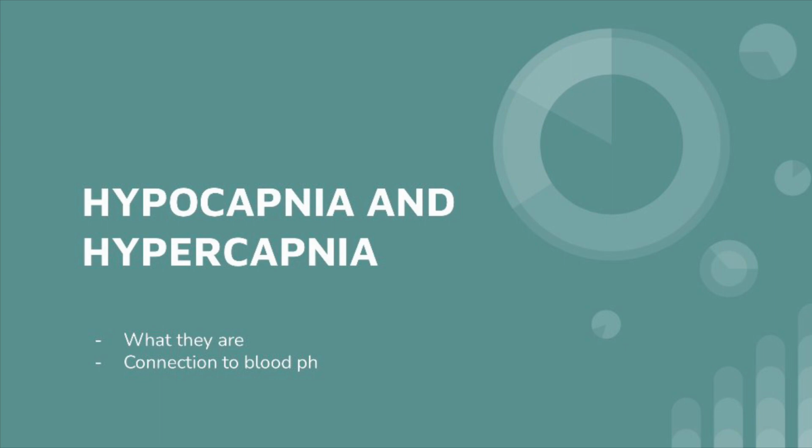Hypercapnia is the opposite, with high carbon dioxide levels, potentially causing respiratory acidosis. These conditions are correlated with changes in the blood pH. That's where the words hypo and hyper come from, because hyper means high and hypo means low.